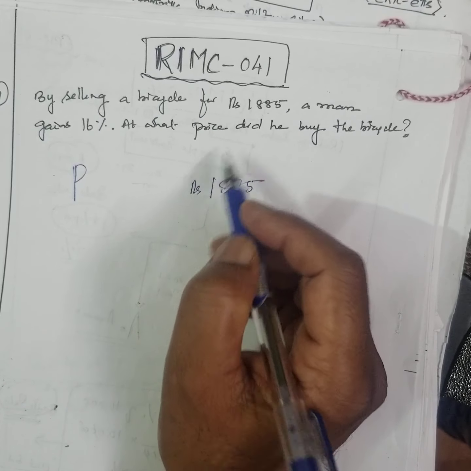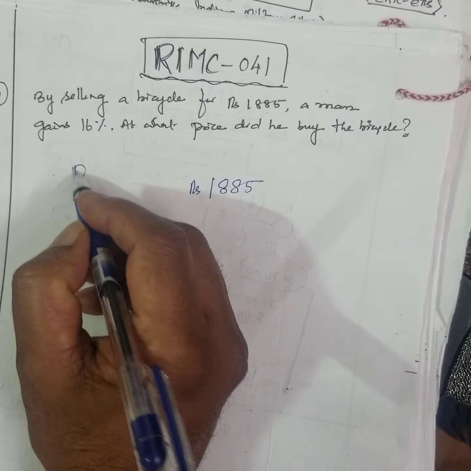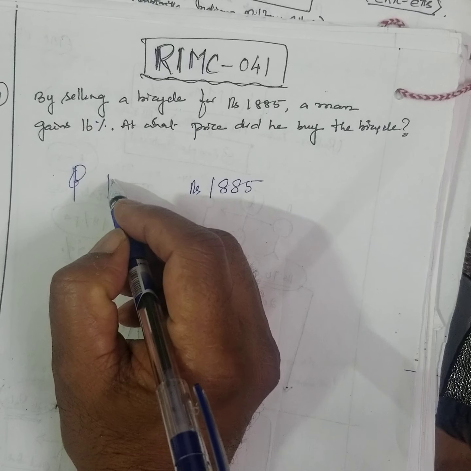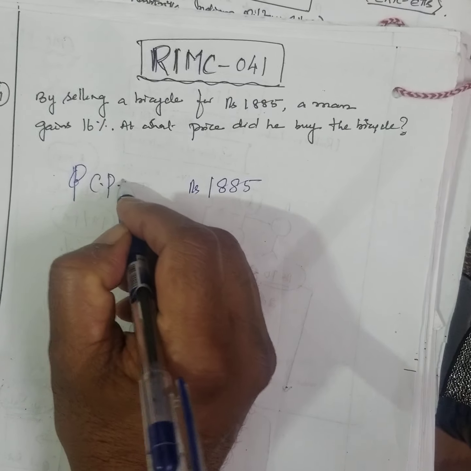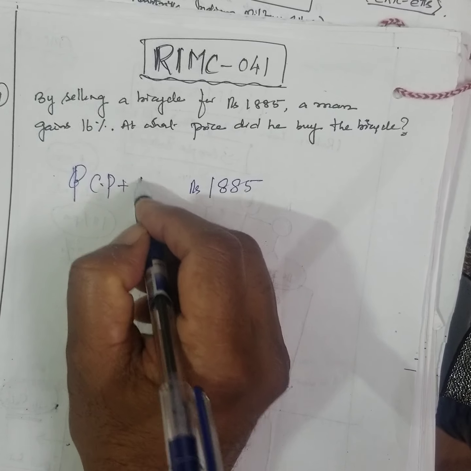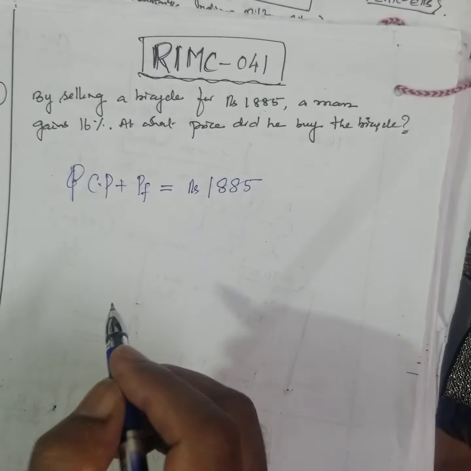The man gained 16% of the price. That means cost price plus profit is equal to this one.